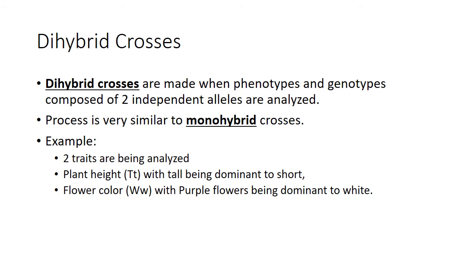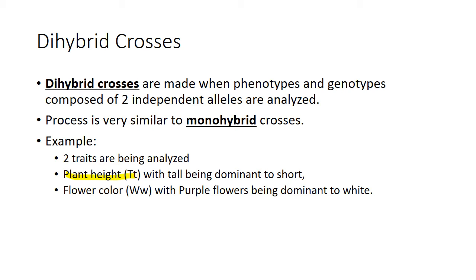So a dihybrid cross is made when the phenotypes and genotypes composed of two independent alleles are analyzed. And this is very similar to the monohybrid cross. So what happens is we get two traits being analyzed, which would be our plant height of tall. So I'm going to highlight these real quick for you.